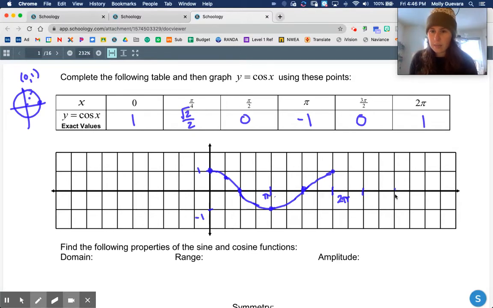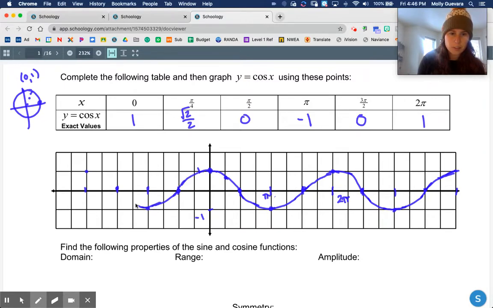And again, you can keep going. And I would encourage you, I normally like to fill out the entire graph. And you don't want these to be V's, okay? It should be a smooth, continuous curve. It's not like a sharp V. So just keep that in mind when you're graphing them. Notice that at no point does it make a sharp turn.